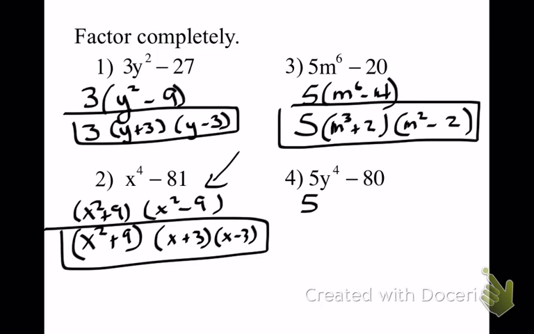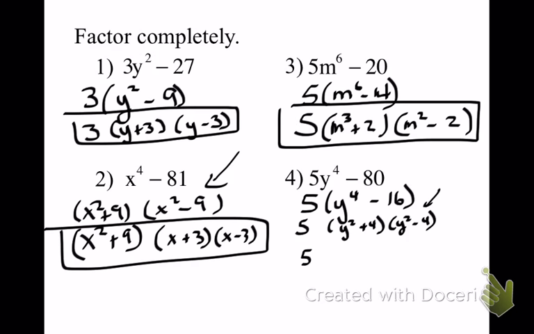Next one is 5, and I'm left with y to the fourth minus 16, my favorite kind of problem. We've got 5, and this now breaks up to y squared plus 4 times y squared minus 4. Are we done? You guessed it. Nope.